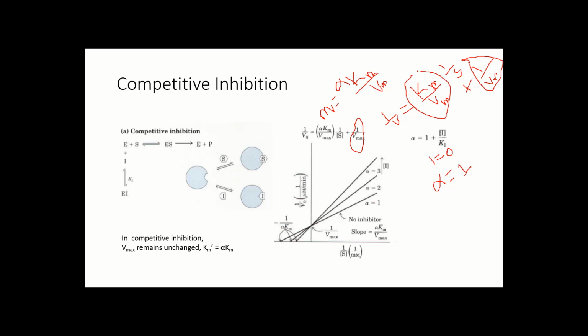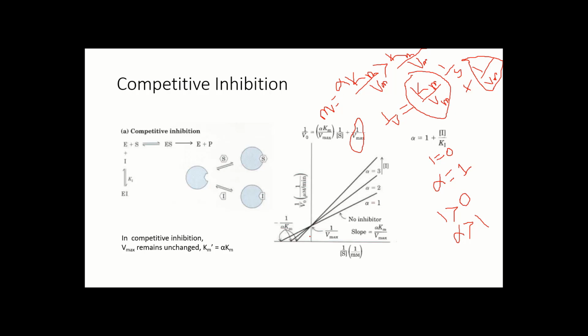When I is greater than 0, meaning the inhibitor is present, alpha will be greater than 1. So alpha into Km by Vmax will be greater than Km by Vmax. That means the slope in the presence of the inhibitor is more than the slope in the absence of the inhibitor, right?